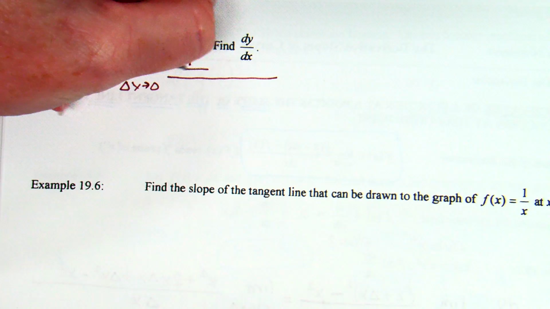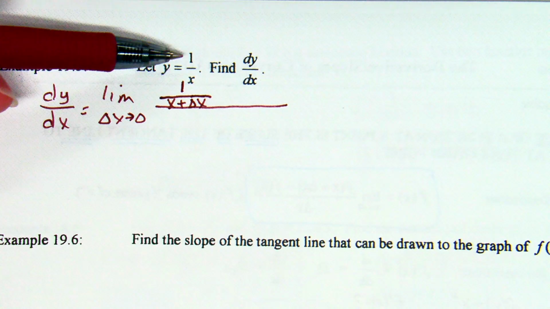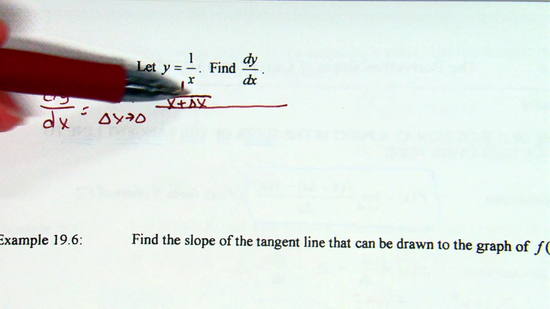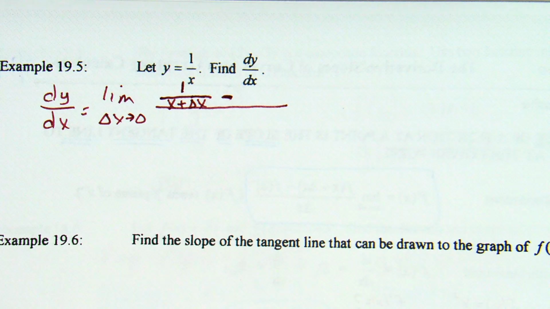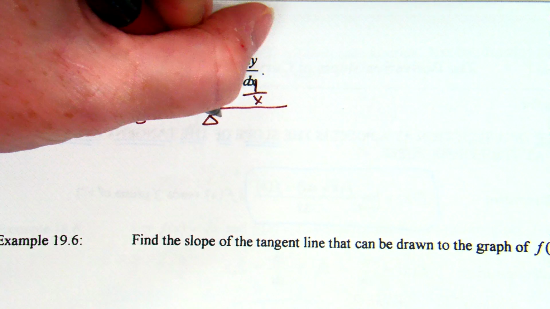So this is going to be 1 over x plus delta x, minus f of x. What is f of x? 1 over x. All over delta x. Sorry, I had to squish it in there. I didn't leave myself quite enough room.